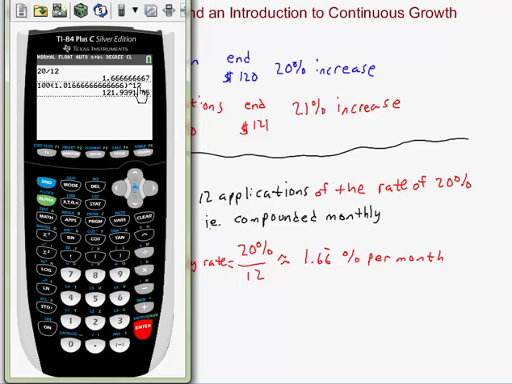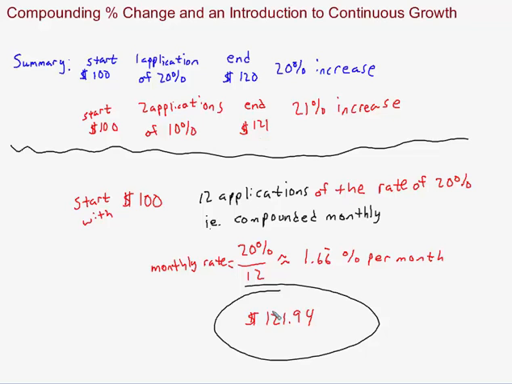So imagine raising this to the 12th power to emulate increasing my $100 by this smaller amount but doing it 12 times, you'll notice that we don't get $121 this time, we get $121.94. So notice this time we actually get a little bit more money than before.